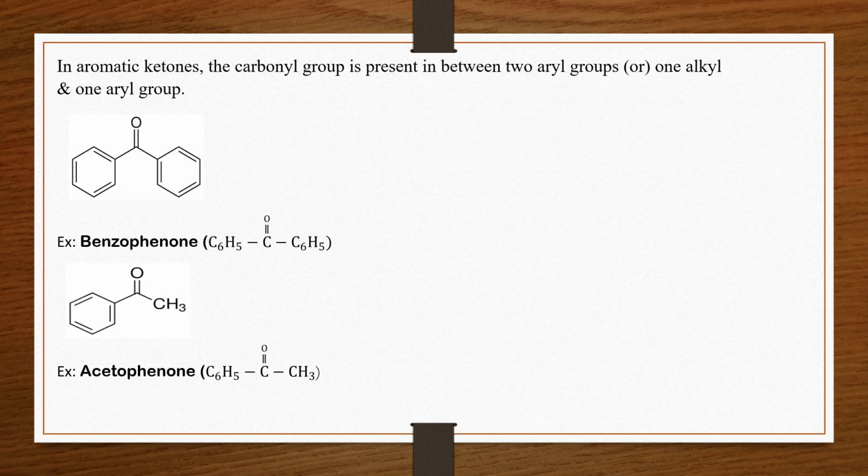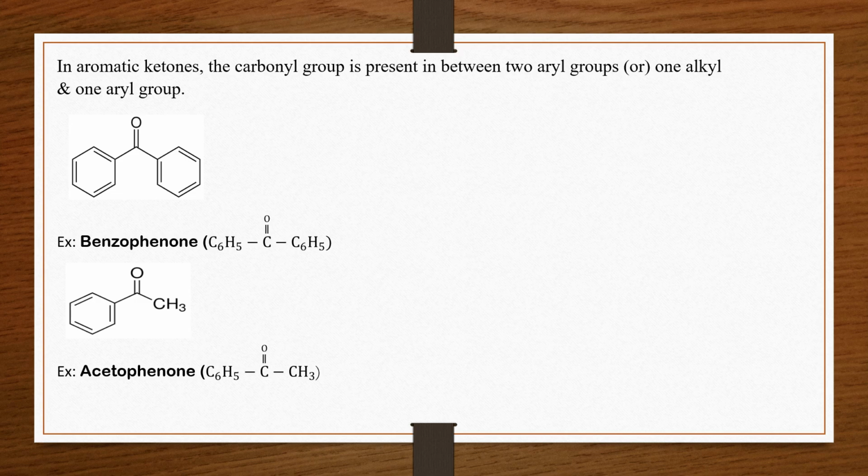Don't make a mistake over here. Don't write carbonyl group is present in between two alkyl groups. It is not an aromatic ketone. It will be an aliphatic ketone. So while writing, be very careful. An aromatic ketone is the ketone in which the C double bond O group is present in between two aryl groups or one alkyl and one aryl group.